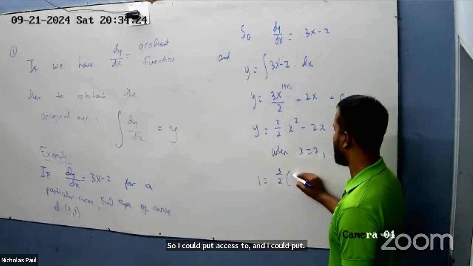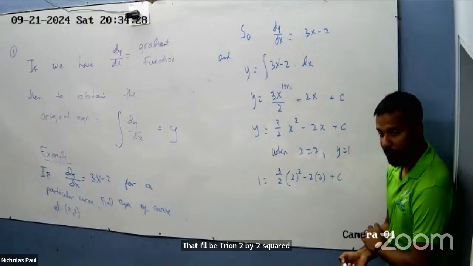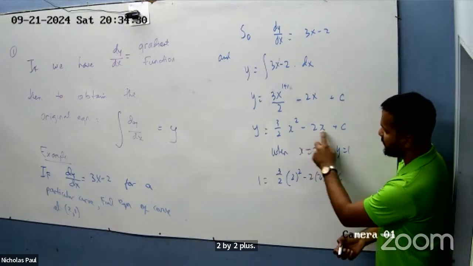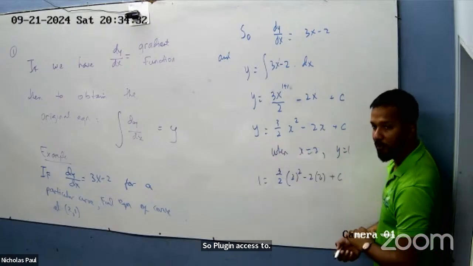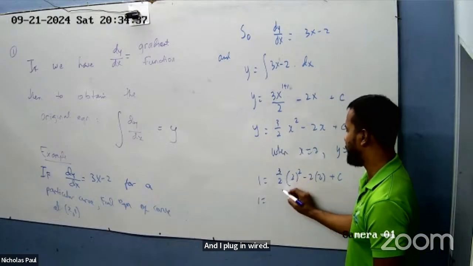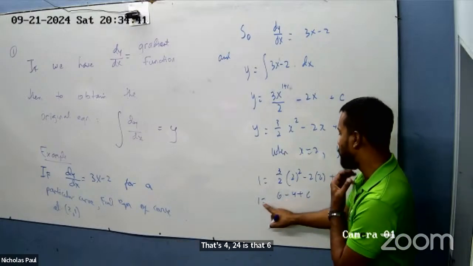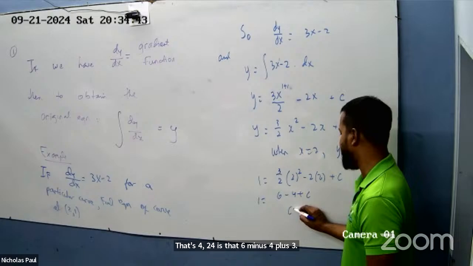That'll be 3 over 2 times 2 squared, minus 2 times 2, plus c. I solve for c: 3 over 2 into 4 is 6, minus 4 plus c. So that's 2, so c is minus 1.